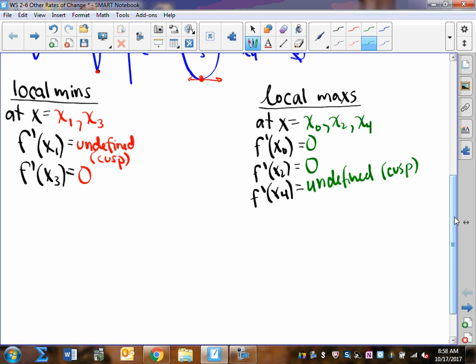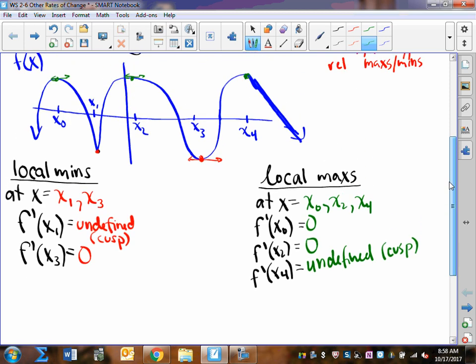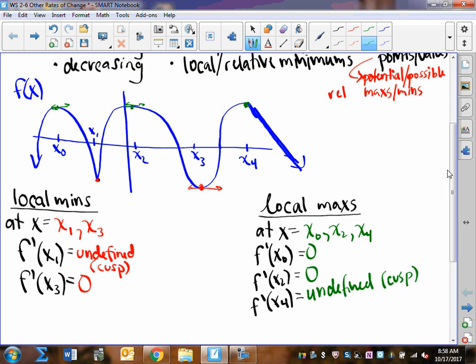Okay, so now let's take a look at what the derivative is coming from the left and the right of each of these. All right, so let's start off with our mins over here.